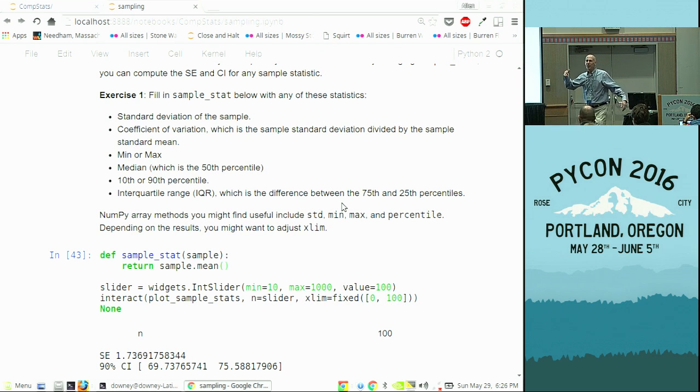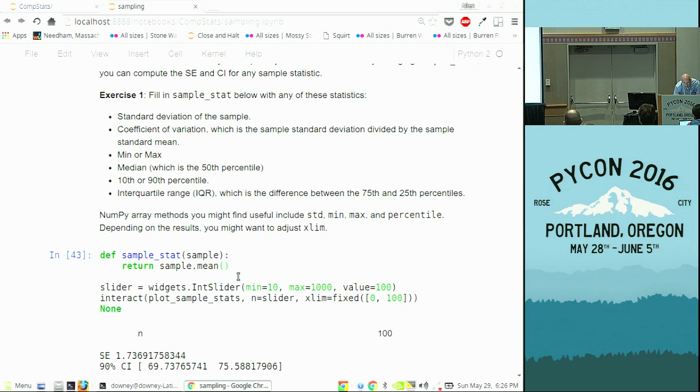If you want the sampling distribution of the standard deviation, you can have that. You can have the minimum and the maximum and the median and the 10th percentile, whatever the summary statistic is. You're going to go collect 100 people, measure their weights, and then take the mean or the standard deviation, the min or the max. From a computational point of view, these are all equally easy.